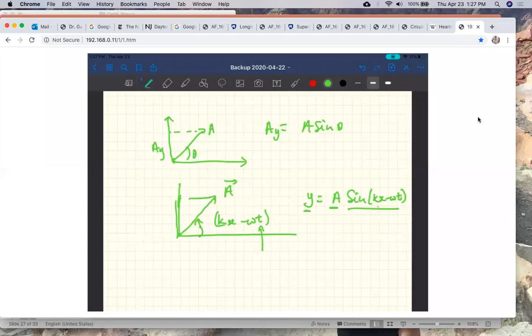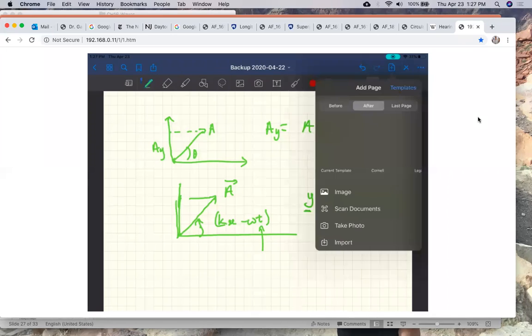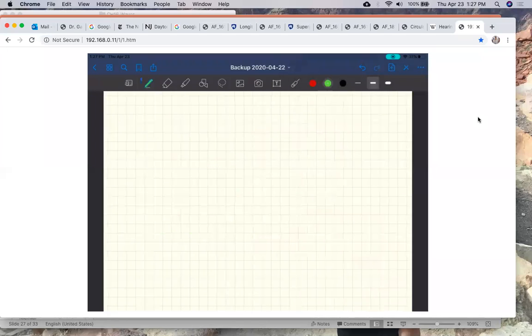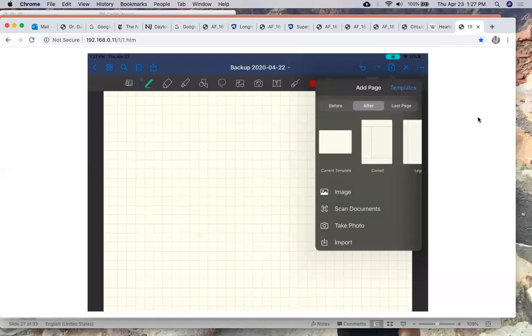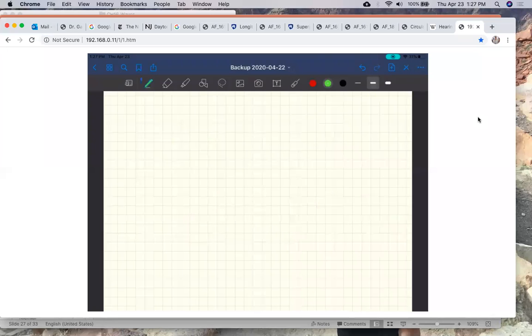Now if you want to combine several waves, here's what you do. For instance, if you want to combine two waves, y equals y1 plus y2, where y1 is A1 sine of kx minus omega t, plus A2 sine of kx minus omega t plus phi.